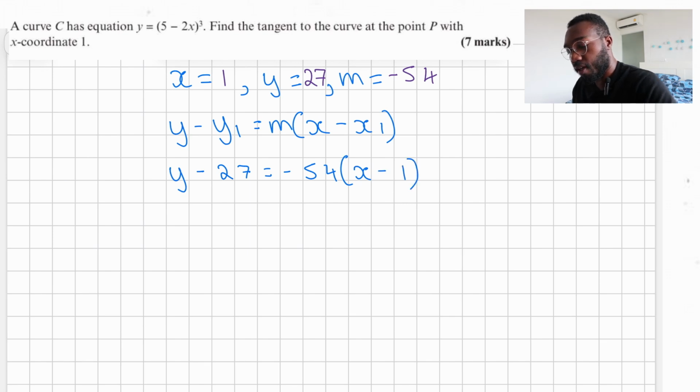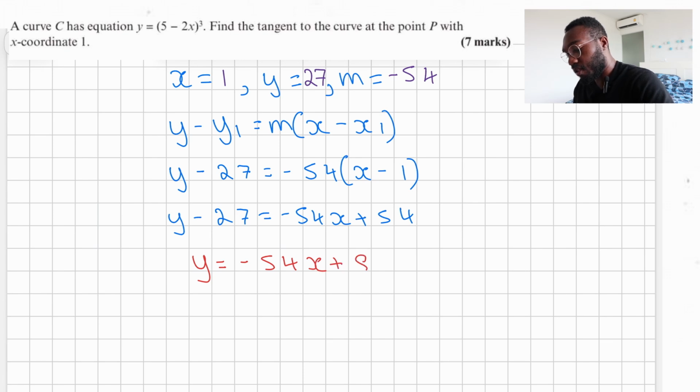That will give us y minus 27 is equal to minus 54x plus 54. And then simply, if we write our answer, we get y is equal to minus 54x plus 81. And that would be the tangent at the curve C.